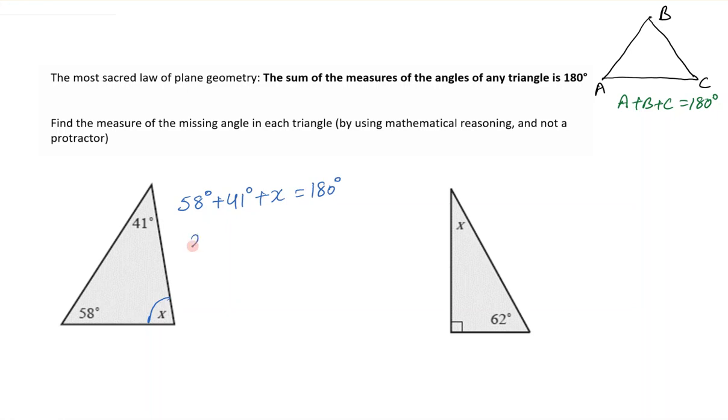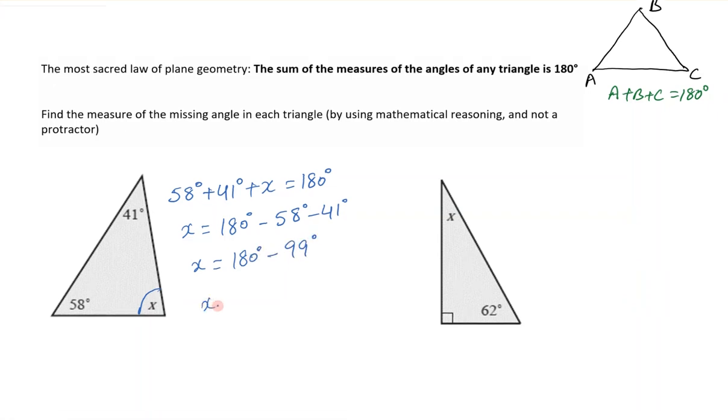In other words, x is equal to 180 degrees minus the other two angles, so x is equal to 180 degrees minus 99 degrees. So we got x is equal to 81 degrees. Right, so this was pretty straightforward.